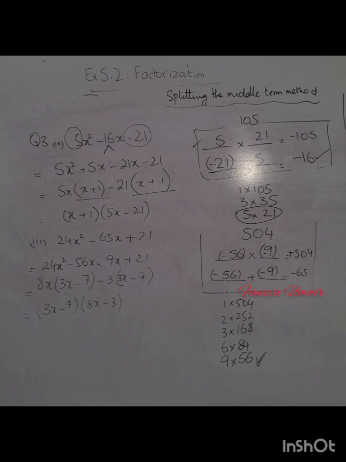So this is question number 3, fourth and third part. It is a bigger number. You can see 105 and 504 was coming. So we used a calculator to find the factors of these numbers until we were able to find the suitable pair.